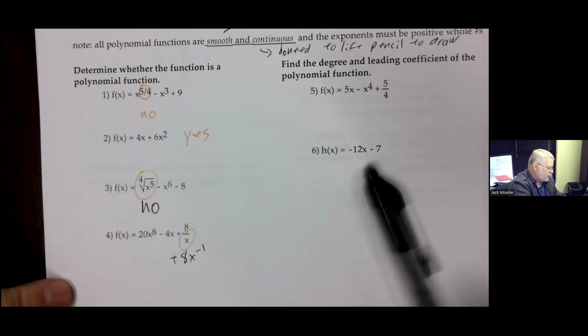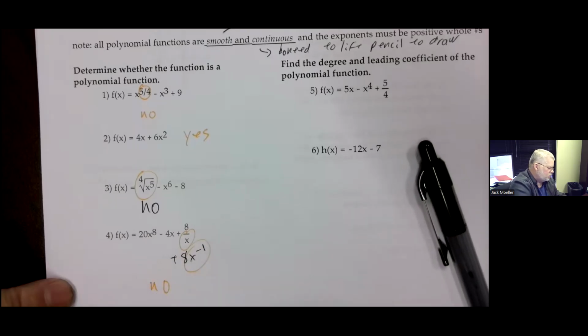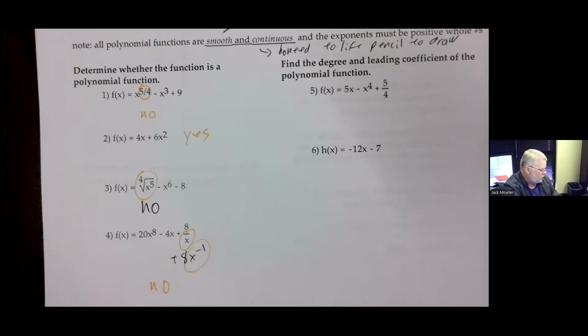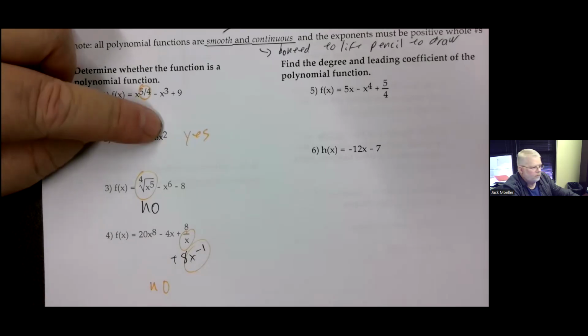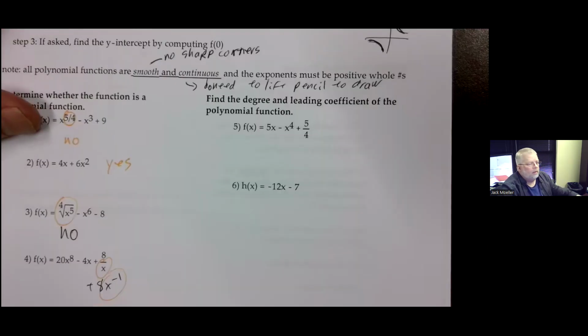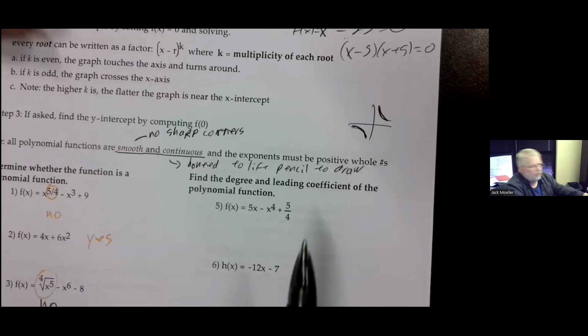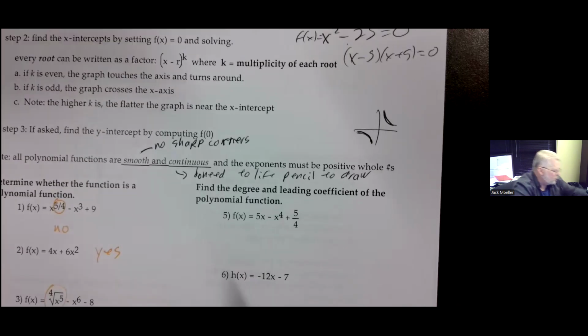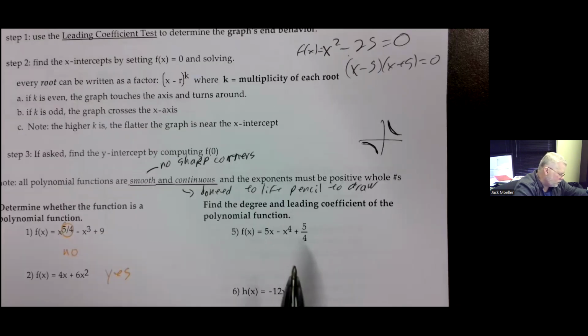Because of that, that is not a polynomial. So the only thing we can do with our x's is have positive whole number exponents. We started the semester with questions like this, but now degree and leading coefficient are really important in 5.1, and so that's why we're giving you these questions again.